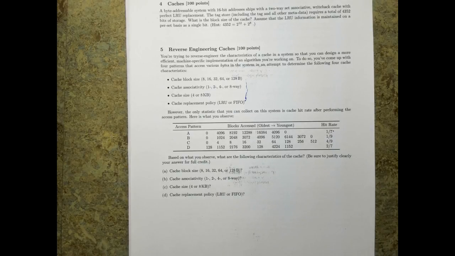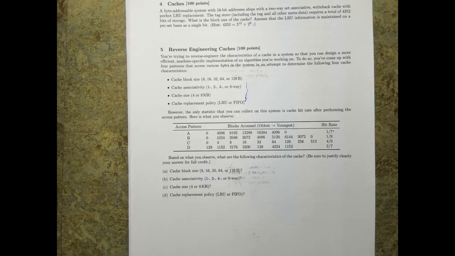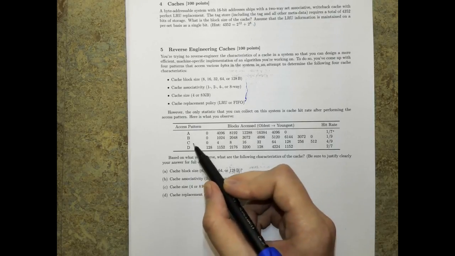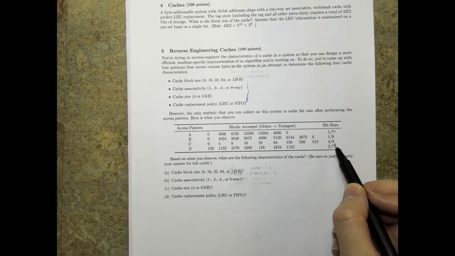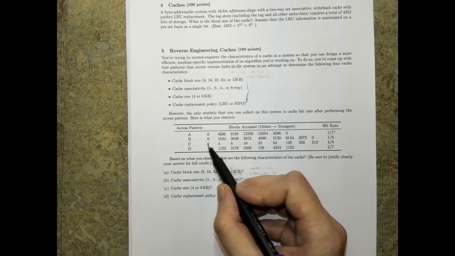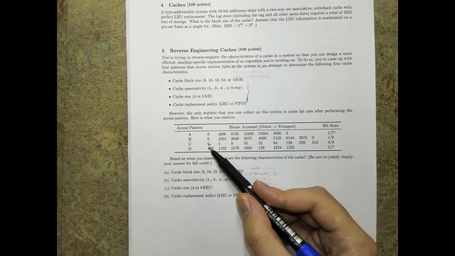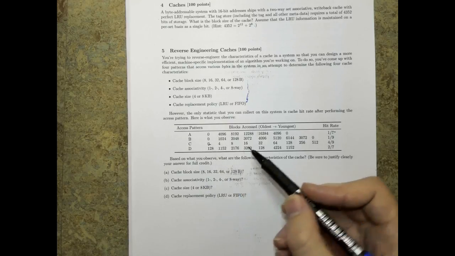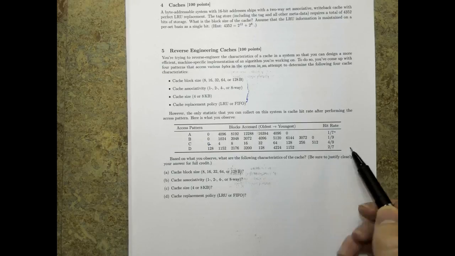All right. So the block size is easy. Probably you figured this out. If you look at access pattern C in this table, it is quite clear, right? Since we always start with a cold cache, the cache is initially empty, so we'll always get a miss for the first access. We know that. And the hit rate here is 4.